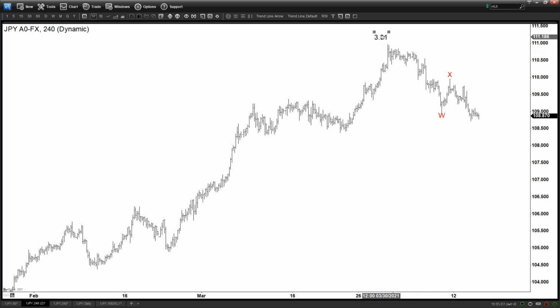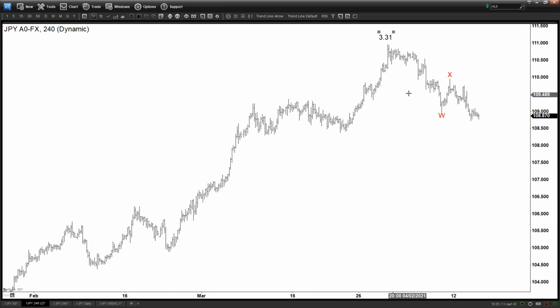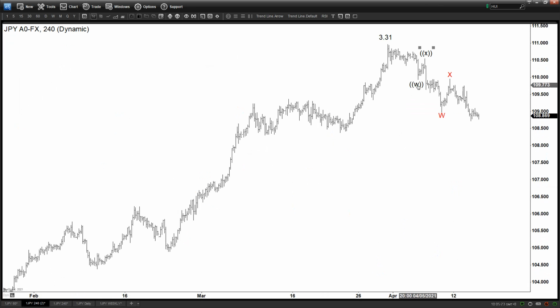This pullback is in the form of a double 3, a double correction. So let's place it here using the same WX. This W and X are in the same place here, and then the WXY.